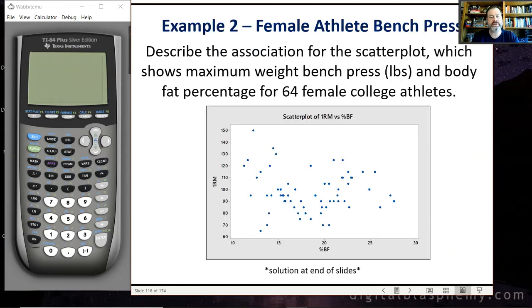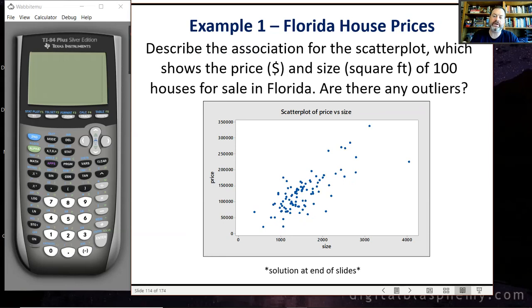So just as a quick example, if we go back and look at this, it's a sample of 100 houses for sale in Florida. So the correlation of this sample is going to be denoted R. But there is some correlation between price and size for all houses in Florida, right?